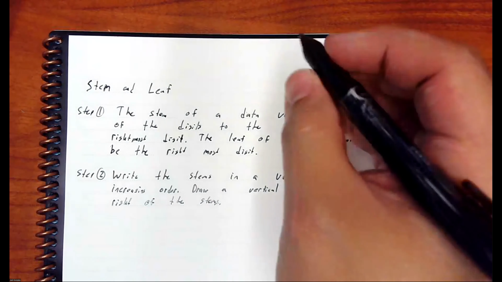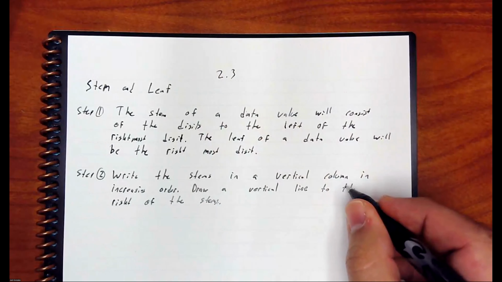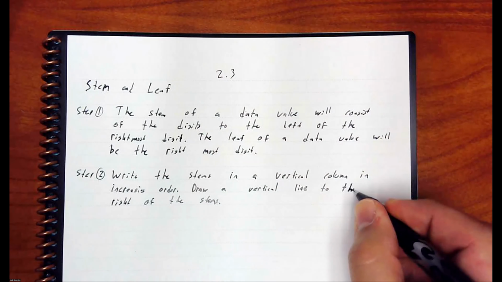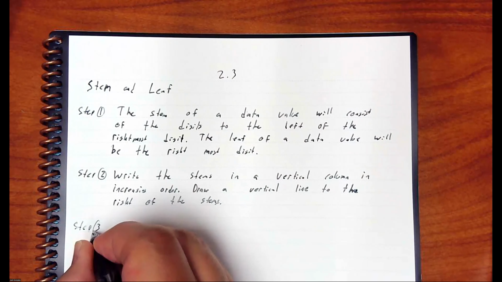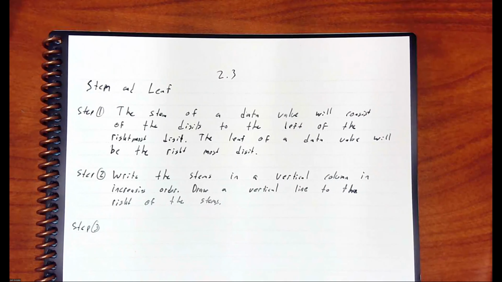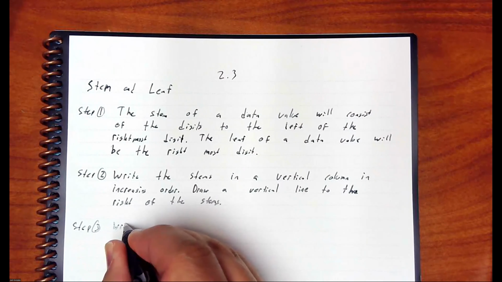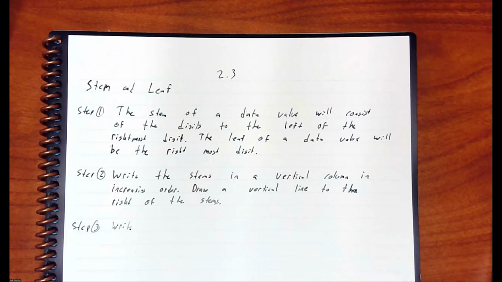This is the beginning of 2.3, by the way. Once you see it, it's going to be super easy. It's just the definitions are a little wordy. Okay.